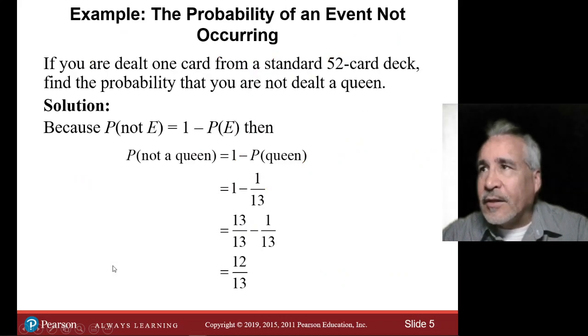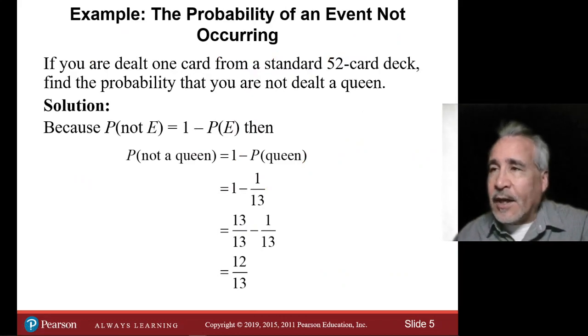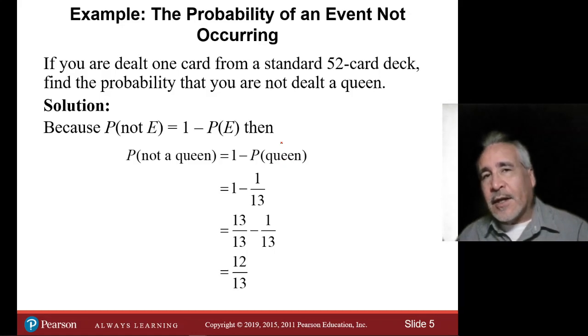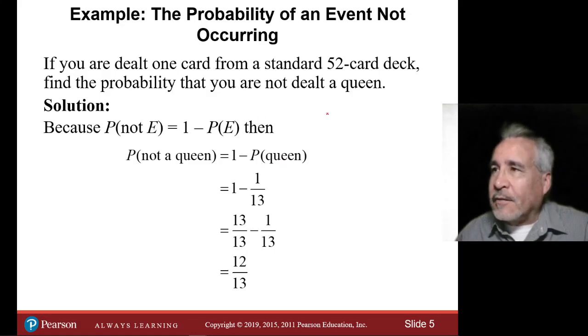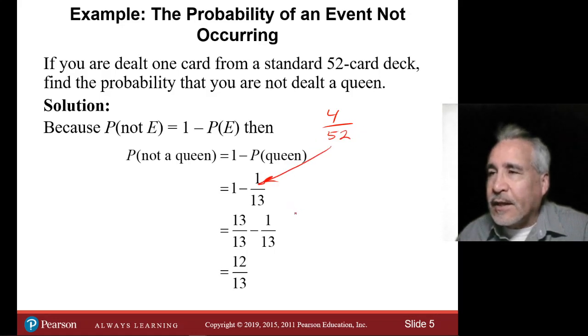Okay, so when we're dealing with cards, now with rain, 60% rain, 40% not raining, the probability of not getting a queen would be 1, or 100%, minus the probability of getting a queen. The probability of getting a queen on a deck of cards, you could think of it, there are 4 queens out of 52 cards, which reduces down to 1/13.